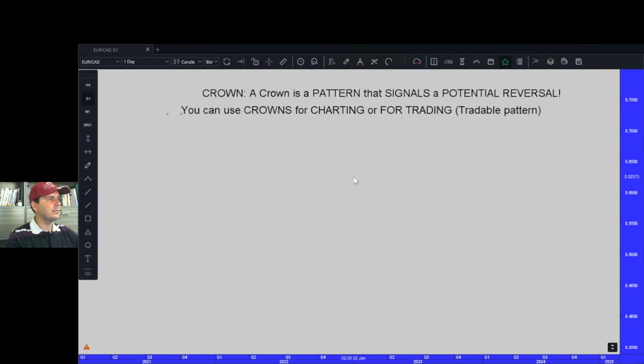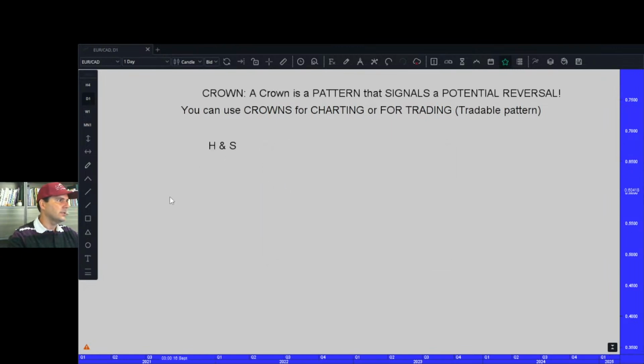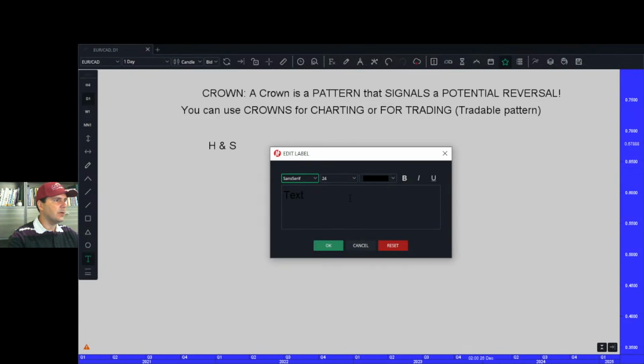And what is the difference between head and shoulders and a crown? We have a bullish crown and we have a bearish crown.